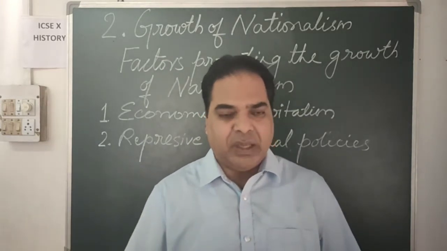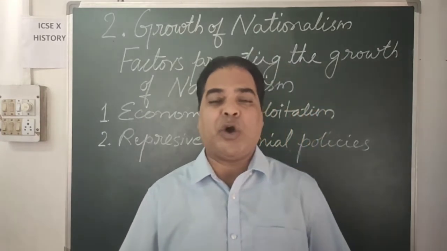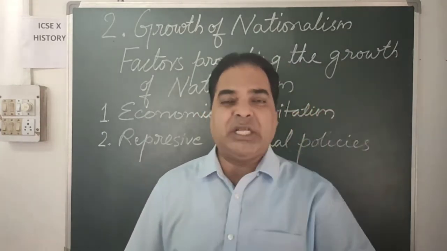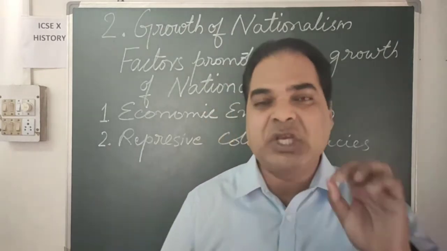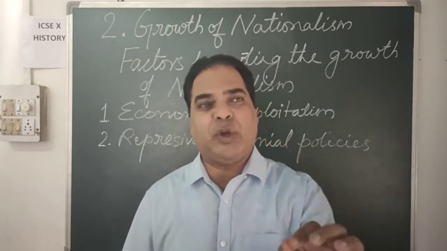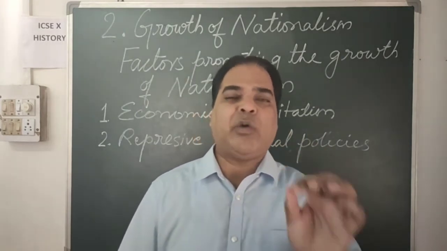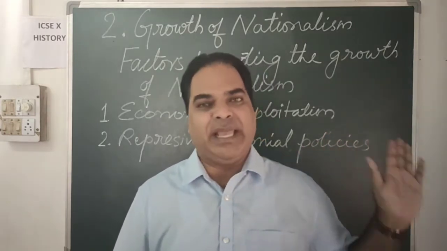That is why Dadabhai Naoroji, who is also known as the Grand Old Man of India, wrote a book on the actual condition of India, Poverty and Un-British Rule in India, in which he highlighted the economic exploitation of India and how the wealth was drained towards England.